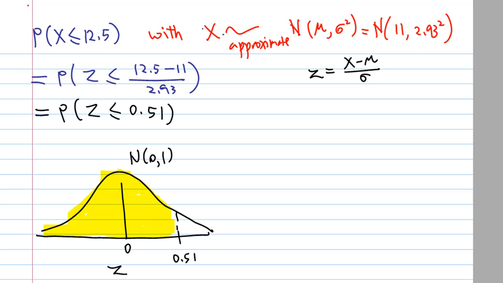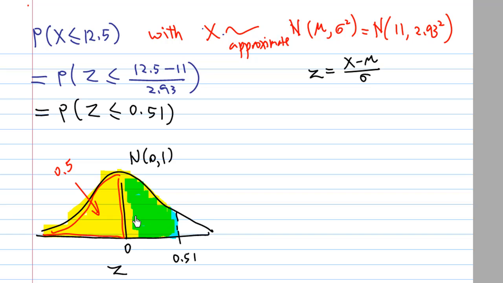So now we check the table. What is the area less than or equal to 0.51? We know that the area on the left side of 0 is half of the probability, and this area is 0.5. How about the area from 0 to 0.51?